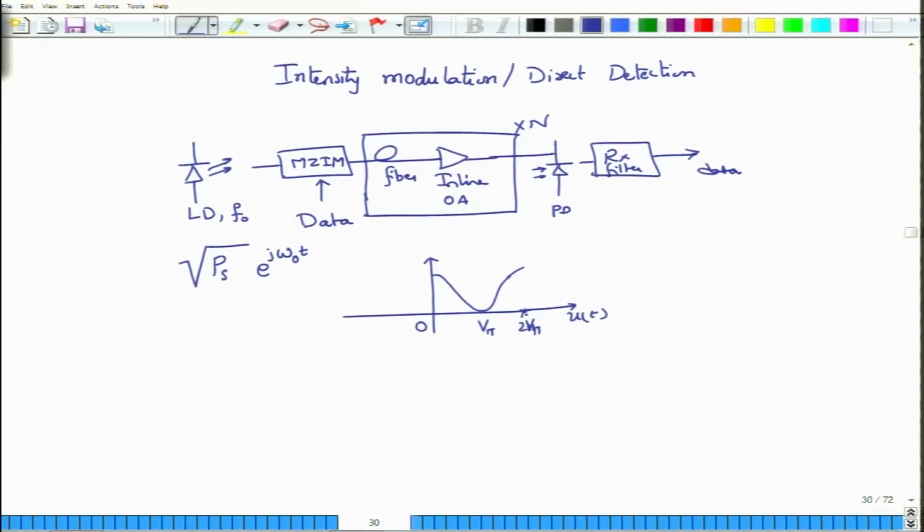If you were to bias this Mach-Zehnder modulator at this point, which is called the quadrature point, which occurs when u of t is equal to V pi by 2, and then have whatever signal you want to transmit as a small signal variation around this bias point, then the output power will be a reasonably faithful reproduction, centered at this particular power.